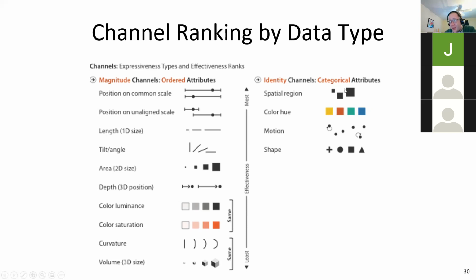But if you look at categorical data, spatial region is extremely important. It's not even on the list here. Hue is extremely useful. Not even on the list here. It's terrible over here. Motion is really good at figuring out if you're in a category of data. And shape is great for a category of data. It's not even on the list over here. This is why maps look the way that they do.